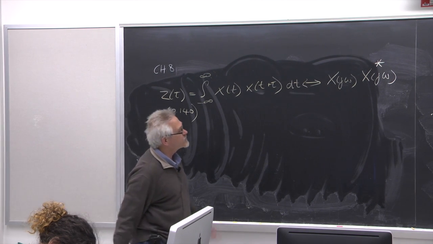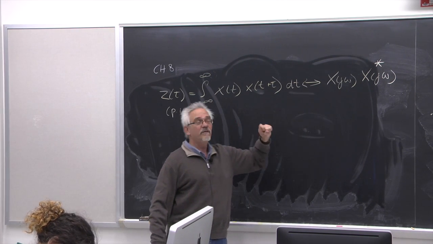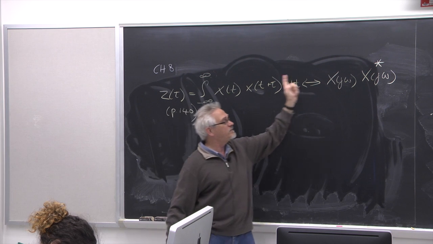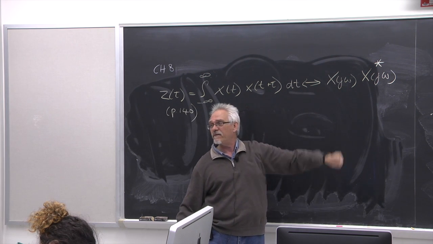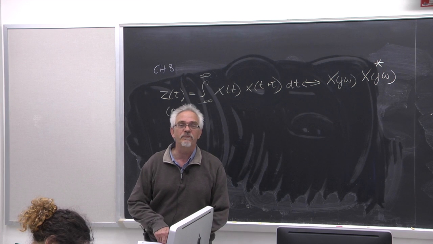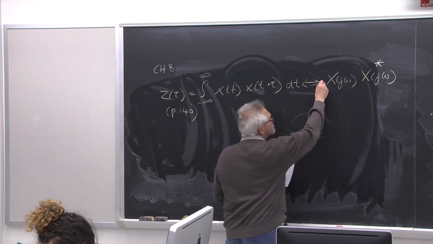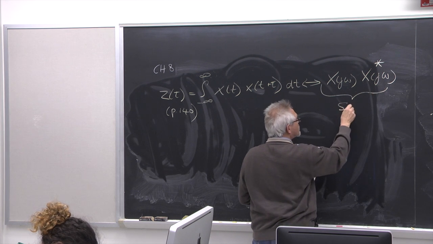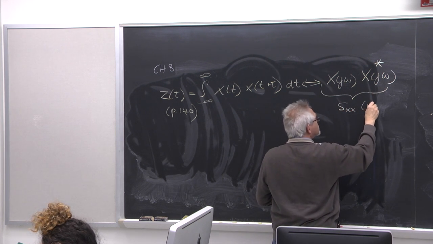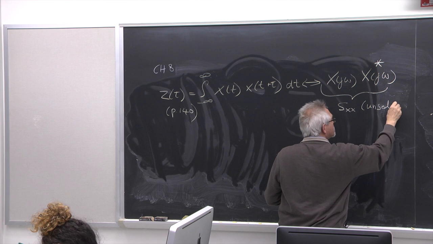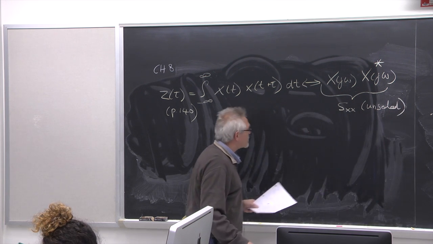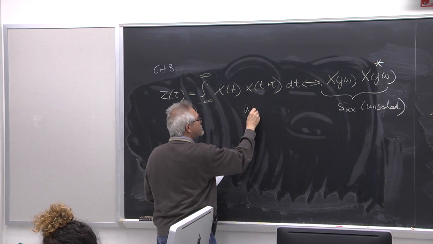It's the unscaled power spectrum, but indeed, the autocorrelation in the time domain is directly equivalent to the power spectrum in the frequency domain. So it's the unscaled power spectrum. And this is called the Wiener-Khinchin theorem.